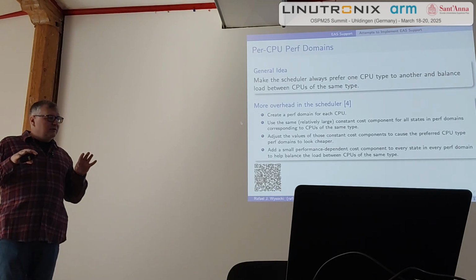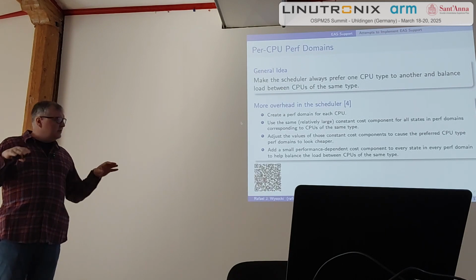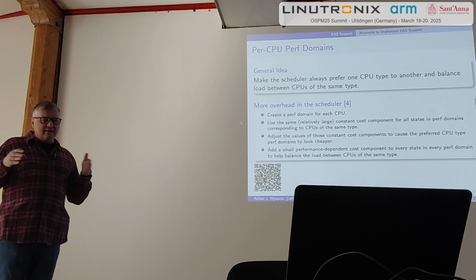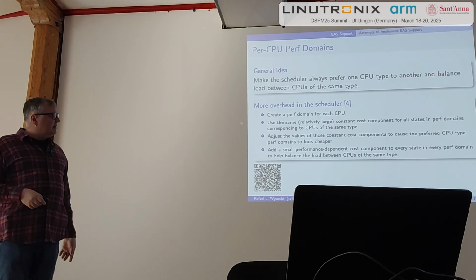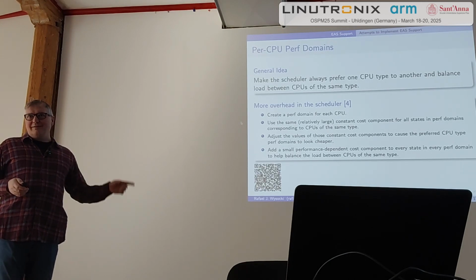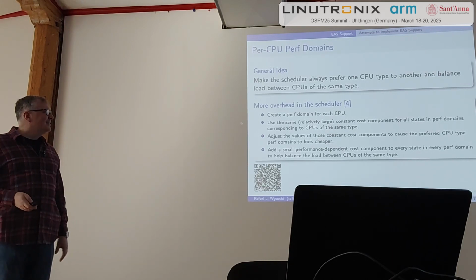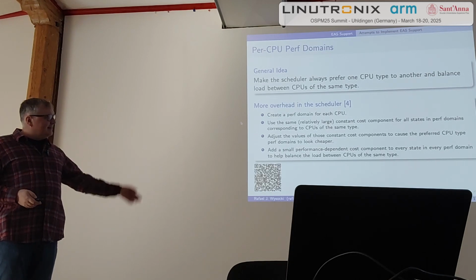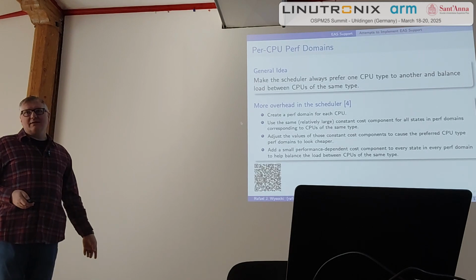And within the perf domain, there are 4 fake OPPs to help the load balancing between the CPUs at the same time. This hasn't been tested yet because I posted it last week. So if you can, for example, run your tests on it and compare and let me know which one is better, it will help. But I think this is going to be tested internally too, and it will take some time because there are so many workloads to run, and only then will we have some results.